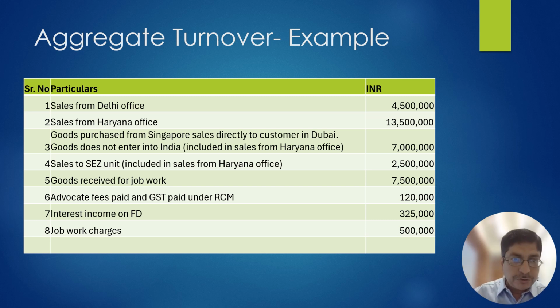Goods received for job work. You received the goods for doing the job work, you are a job worker, 75 lakh basic value of the goods. You avail advocate service, paid RCM, advocate's fees 1,20,000. Interest income on FD 3,25,000. Job work charges 5 lakh rupees.